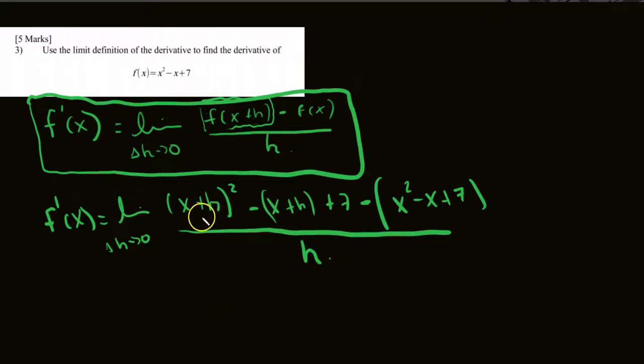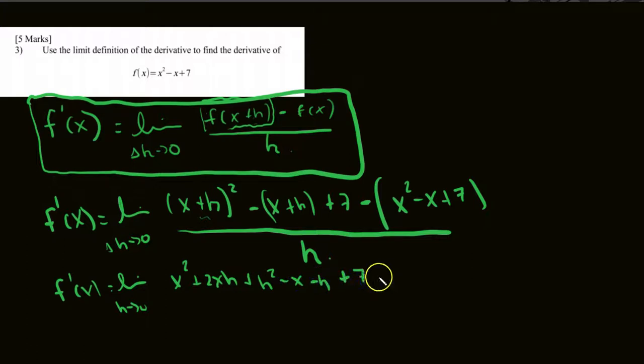Alright, so the next step is pretty much to expand everything. We take the first bracket and multiply it out, and then get rid of this bracket and multiply that negative in. Doing that, we get this mess over here: x squared plus 2xh plus h squared minus x minus h plus 7 minus x squared plus x minus 7.